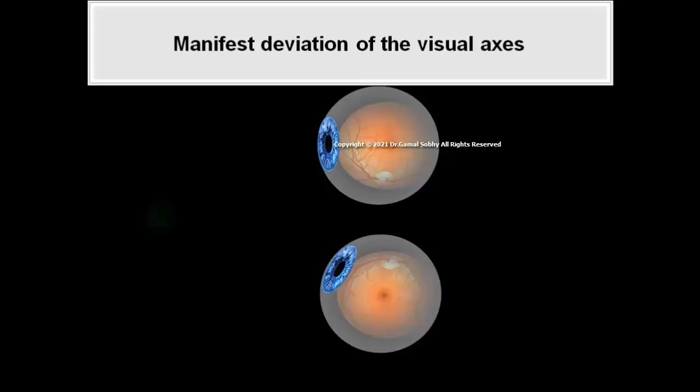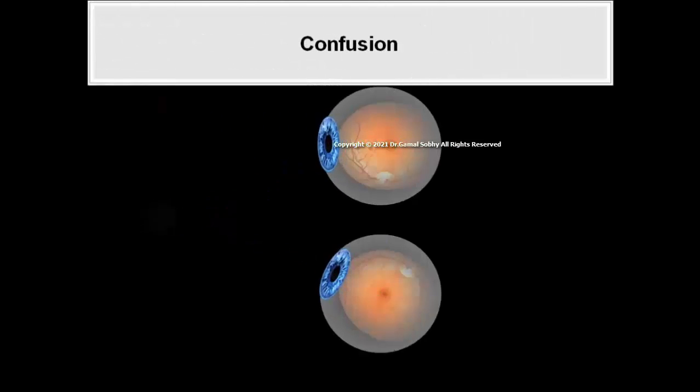When a manifest deviation of the visual axis is present, images of objects are shifted onto the retinas. The larger the shift, the greater the deviation. When fusion becomes impossible, two distressing results occur. First, different objects are imaged on the two foveae, and therefore are seen in the same visual direction and overlap.